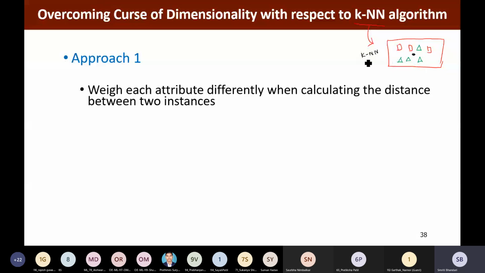For this particular test sample, if k equals 3, then we try to find the 3 nearest neighbors. Let us say this is the first neighbor, this is the second neighbor, and this is the third neighbor. How are we identifying these neighbors?